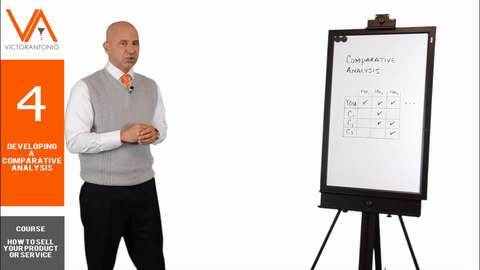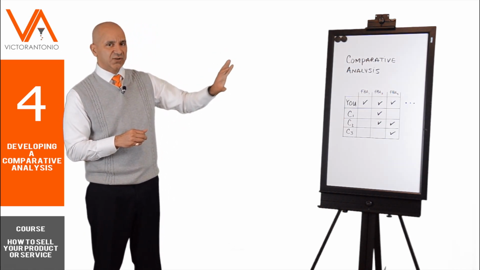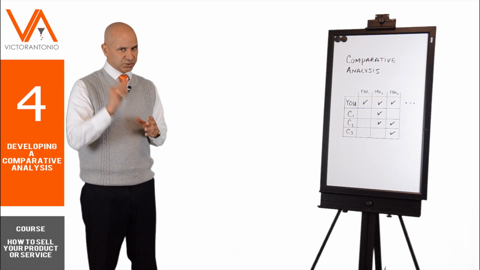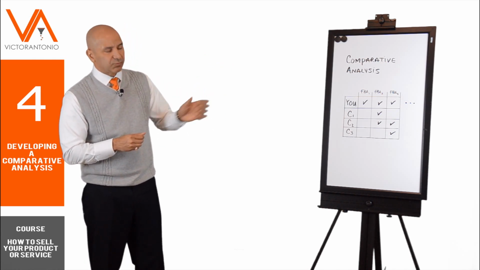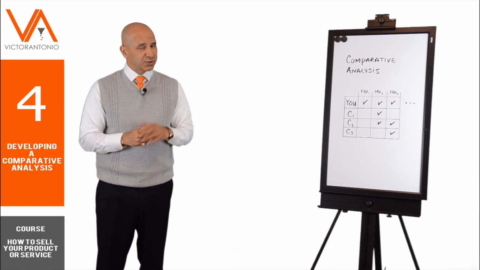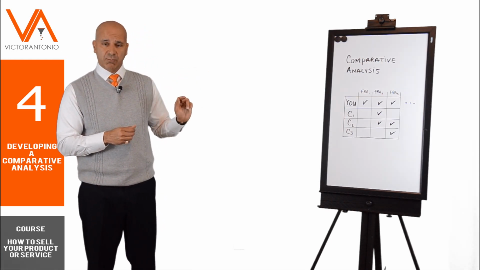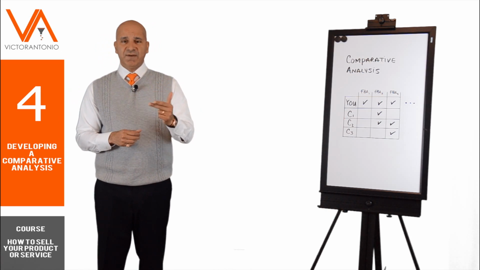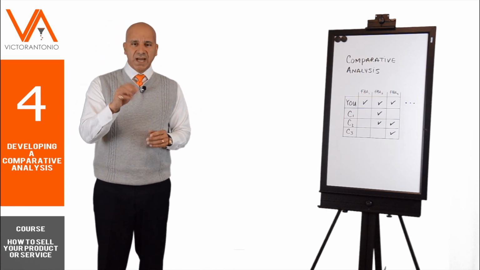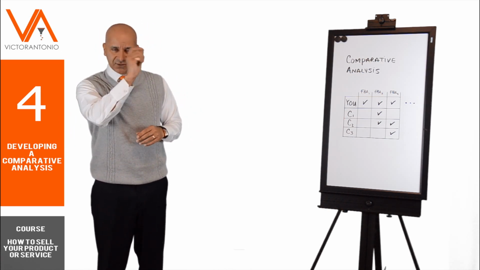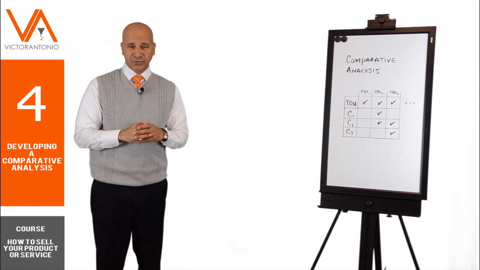And what I want you to do is fill out this little comparative analysis chart that I have here. On the left column, you see where it says "You," that's your company. Now across the top, you see it says FBA sub 1. Feature, benefit, advantage 1. In other words, write down a feature, benefit, advantage at the top that you currently have with your product or service.